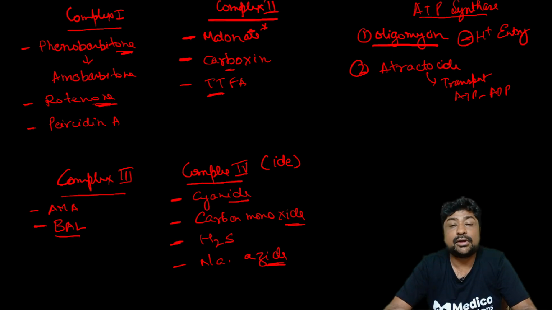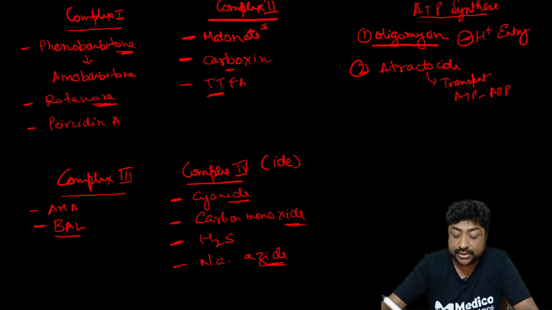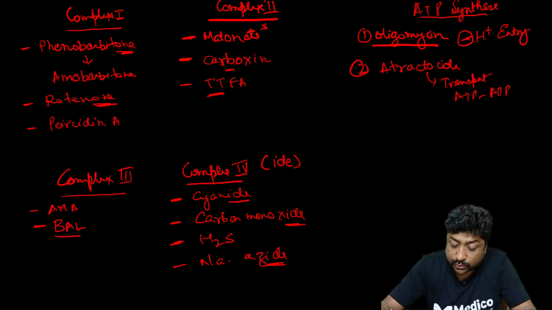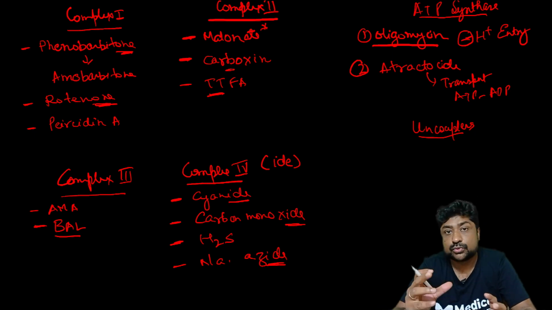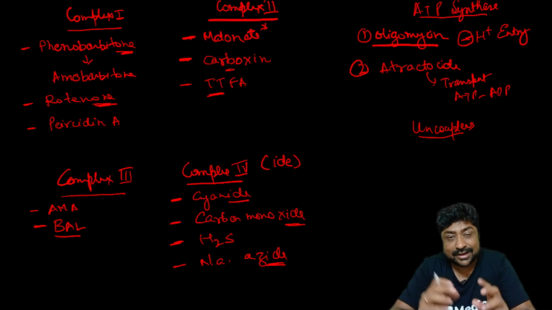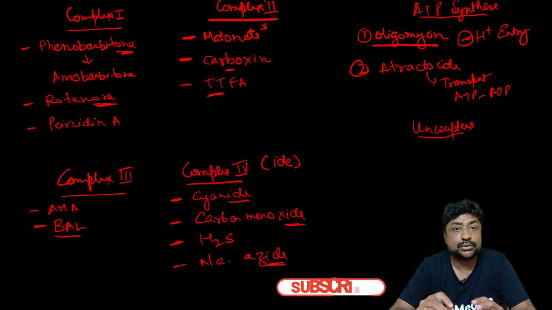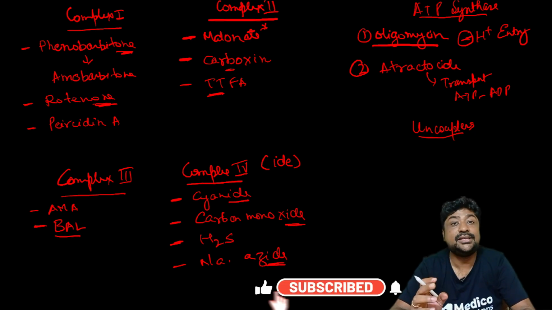Another very, very important class, very frequently asked in MCQ, is a class of inhibitors for electron transport that we call uncouplers. So what is this uncoupler? We know that when the electron is moving from complex 1 to complex 2, complex 2 to complex 3, energy is not being generated.